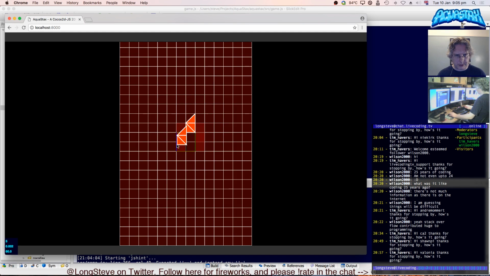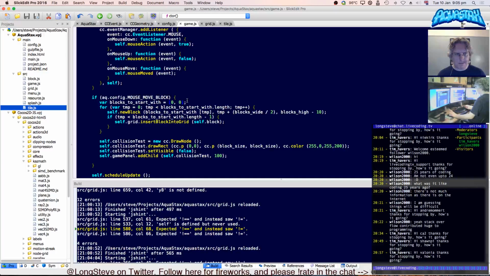Ah, it's not doing it, is it? Why is that not? What's going on there? Whoa, some funky looking. Yeah, I have a feeling that it's only currently working given a single shaped moving block.